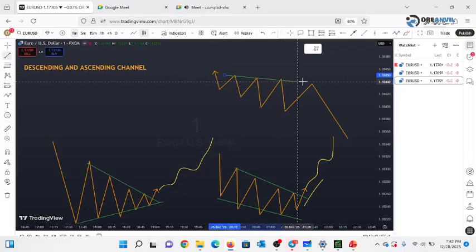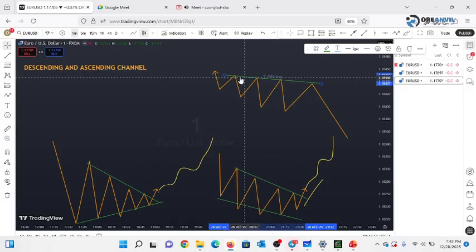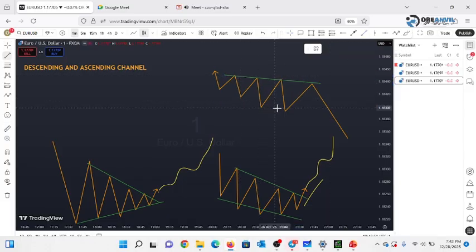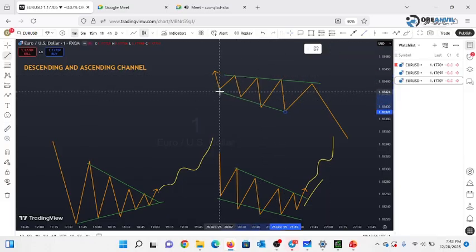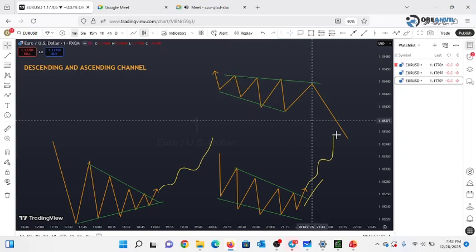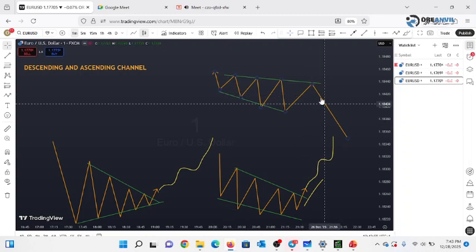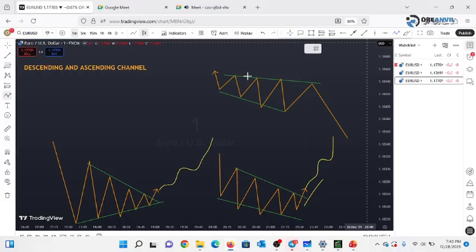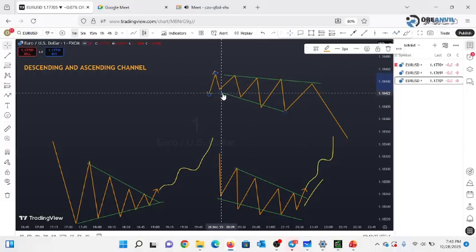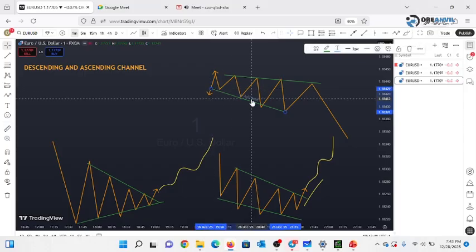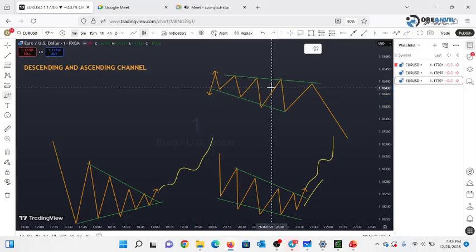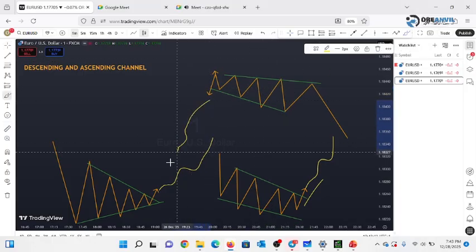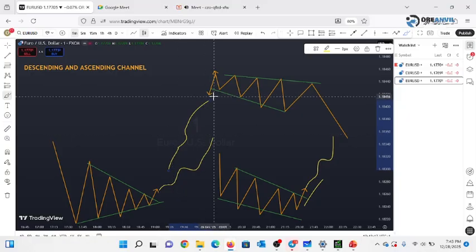So you mark these highs, the tops of these candles, you mark all the highs and the lows of these candles, and you join them together. So the market is going to the upside. You see a chart that is going to the upside and starts doing this pattern. Immediately it breaks below your trend line, the market will start going to the downside. So we can now sell at this area. And this is what we call an ascending channel.